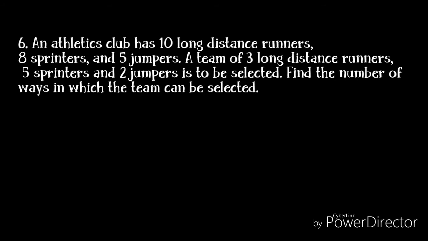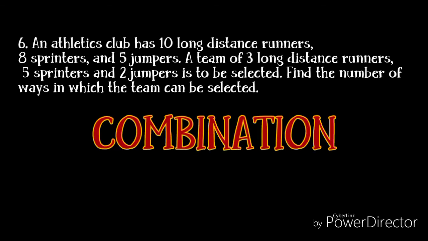Last, an athletics club has 10 long-distance runners, 8 sprinters, and 5 jumpers. A team of 3 long-distance runners, 5 sprinters, and 2 jumpers is to be selected. Find the number of ways in which the team can be selected. The answer is combination, from the keyword select.